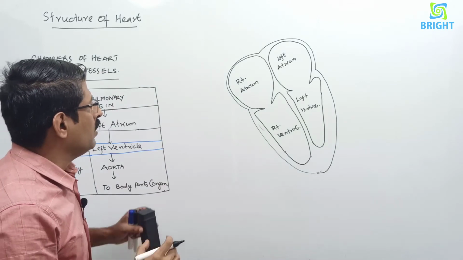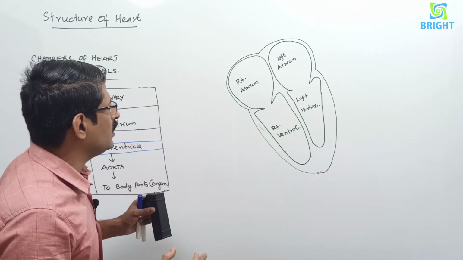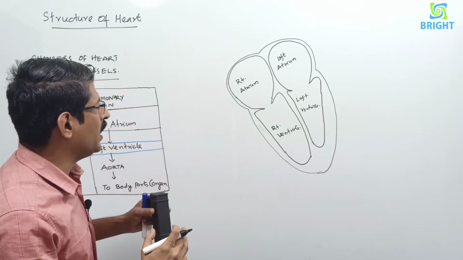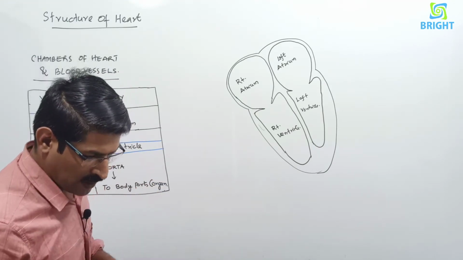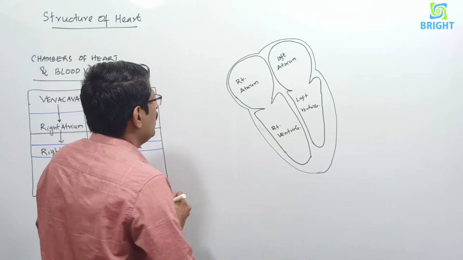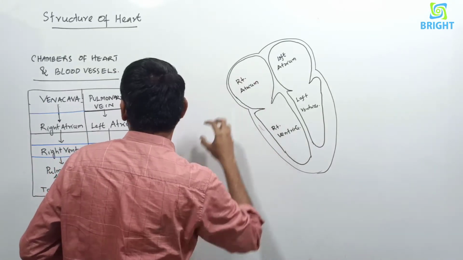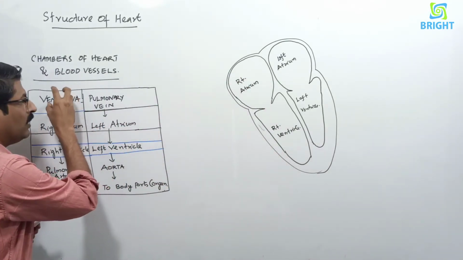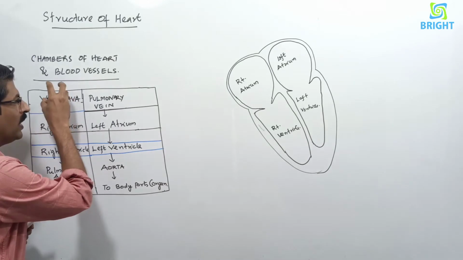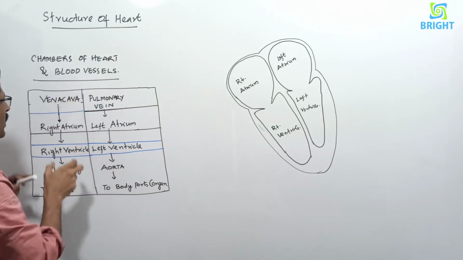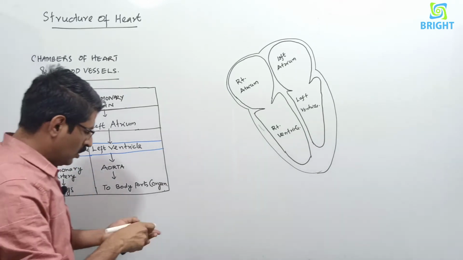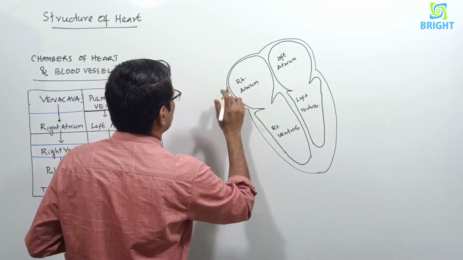And now there are different blood vessels that are joining the heart and some blood vessels that start from the heart. So how can we draw this? The right atrium receives the deoxygenated blood from the different parts of the body through the blood vessel called the Vena Cava. There are 2 types of Vena Cava.